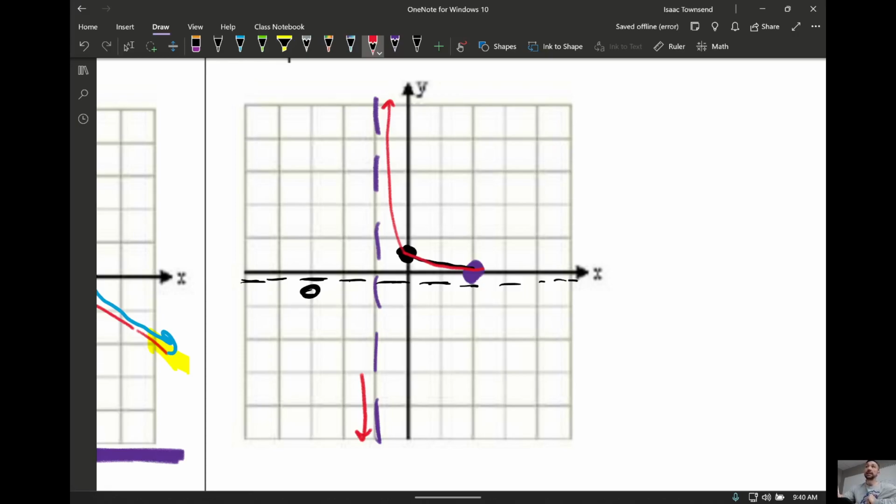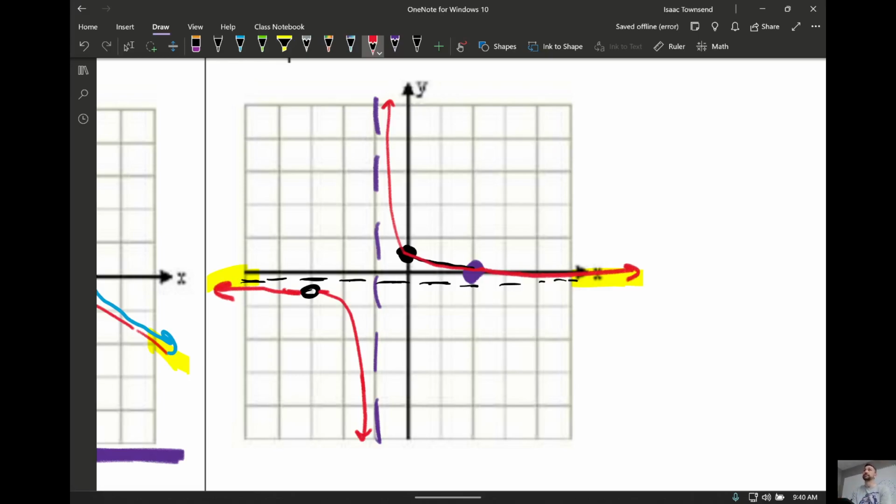Even though it doesn't hit here at this spot, it doesn't hit the hole, it is going to hit the points right before it and right after it. So that helps me with that. And then the slant asymptote and the horizontal asymptote tells you what your graph is approaching on the far right and far left of the graph.